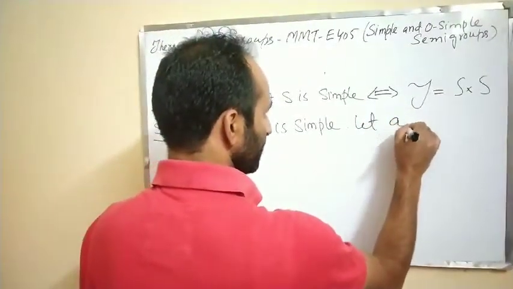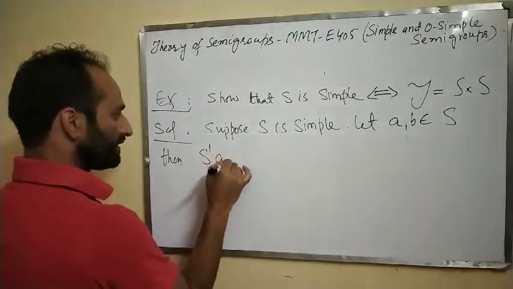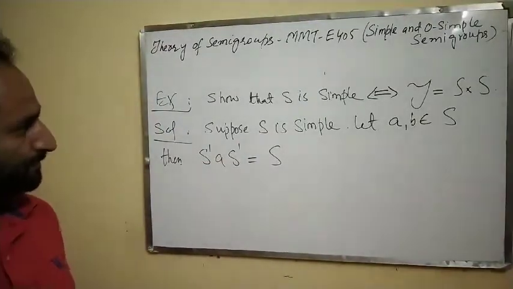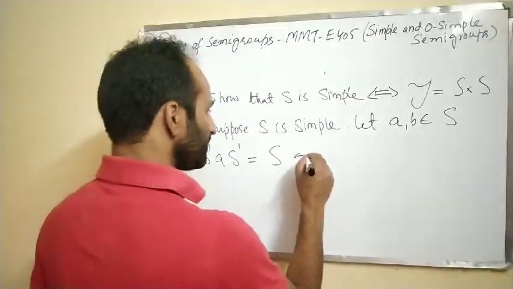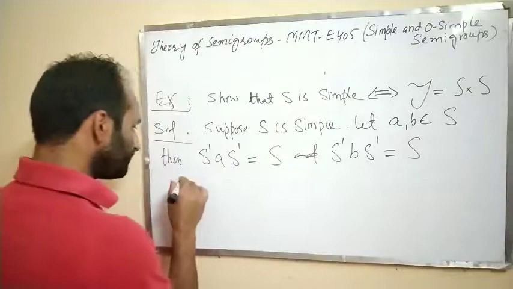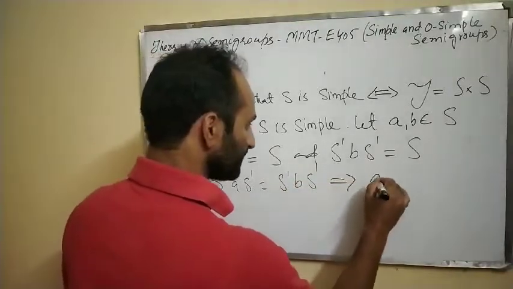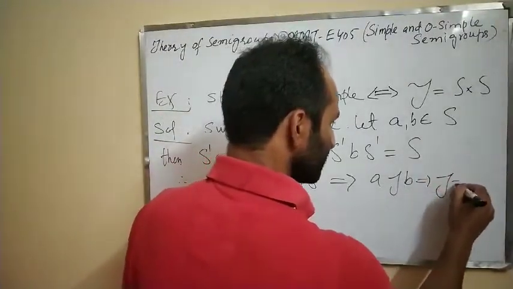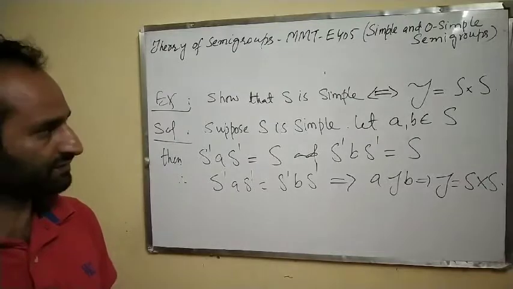Now let A, B be any two elements of S. Then S1 A S1, a two-sided ideal, is equal to S, because it's a simple semigroup, S is the only ideal of S, and S1 A S1 is an ideal of S. And S1 B S1 is also an ideal of S, a two-sided ideal, so it's equal to S. Therefore S1 A S1 is equal to S1 B S1, which implies A is J related to B. So any two elements are J related, which implies the J relation is equal to S cross S. It is the universal relation, in the case that S is simple.